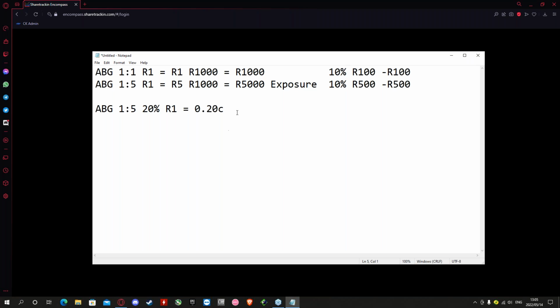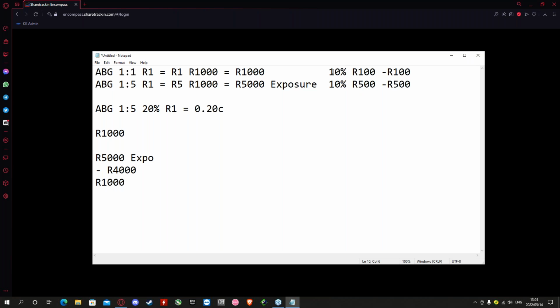So how your profits basically work is, let's say you put in R1,000, your exposure is R5,000. So it means that the bank or the institute that you're trading through lent you R4,000. Once you sell out, it would be R5,000 minus the R4,000, which would give you back your R1,000.